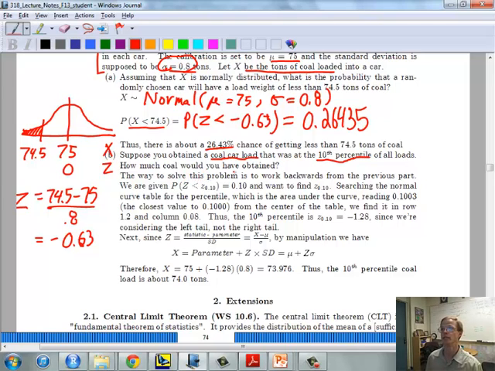So the way that we need to do it is we're going to invert our formula. So we started off with this. Z-score is stat minus parameter over standard deviation, or x minus mu over sigma. If you solve for x, you're going to come up with this. You might try it. So we can simply use that formula.